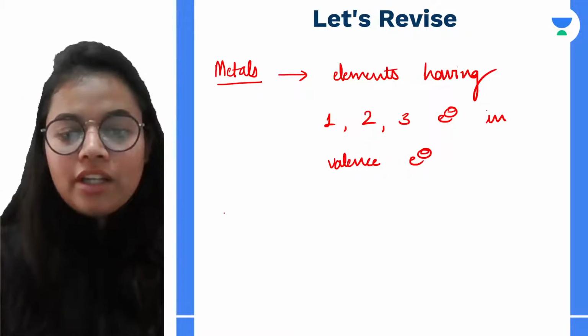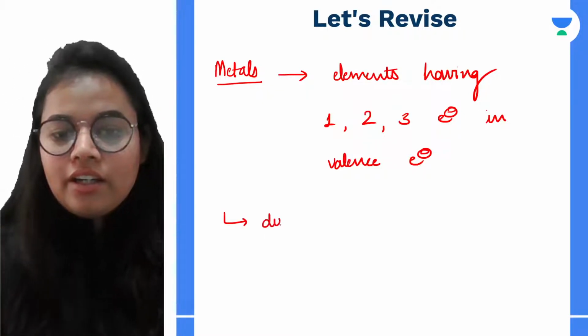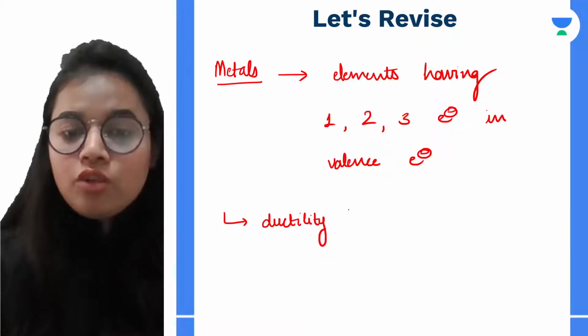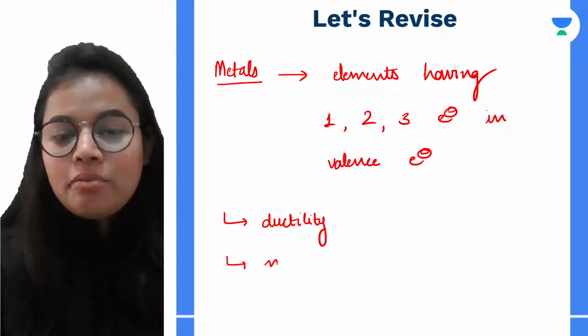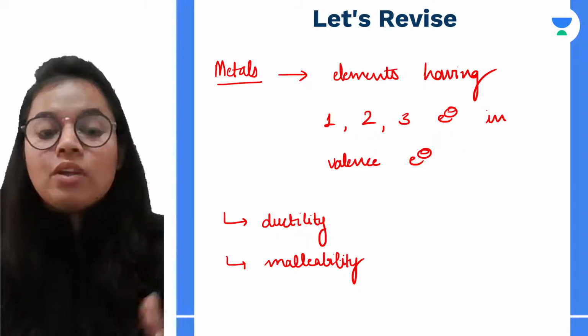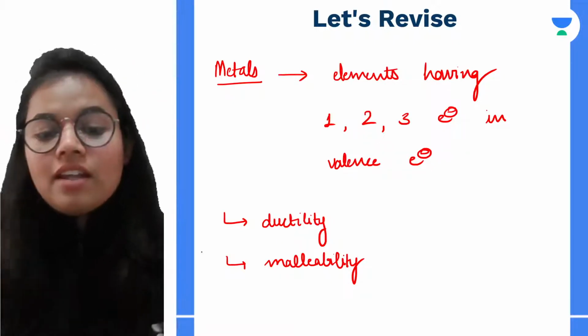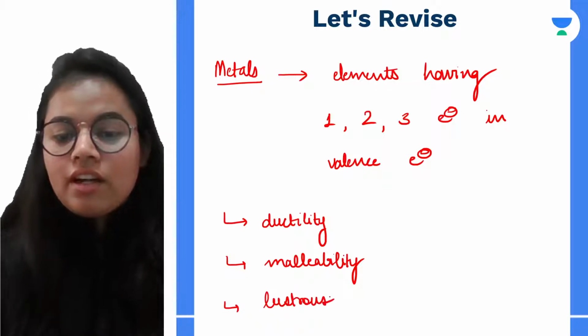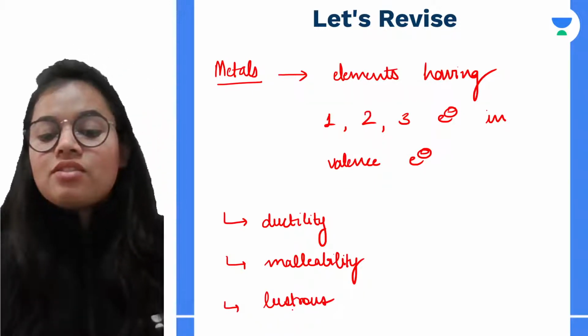Some of the properties of metals are ductility, means that it can be drawn into wires. Then its malleability. So malleability basically means that it could be converted into thin sheets. Then generally the metals are lustrous. Of course there are some exceptions. So lustrous means they have got a shine.